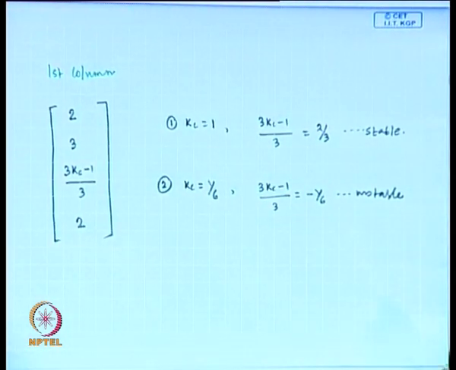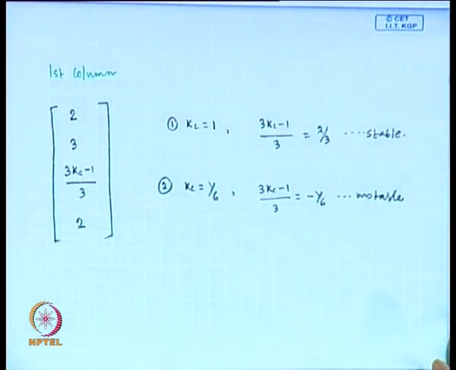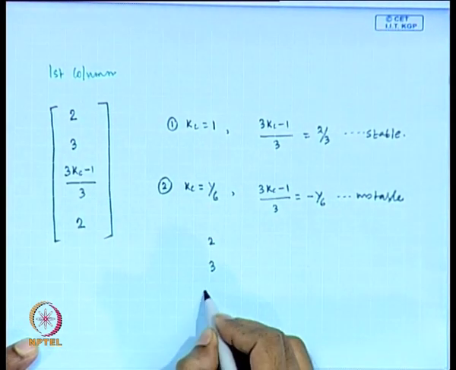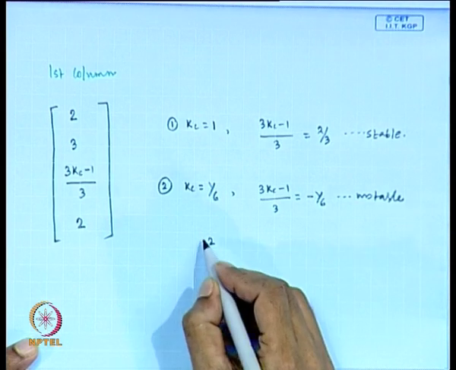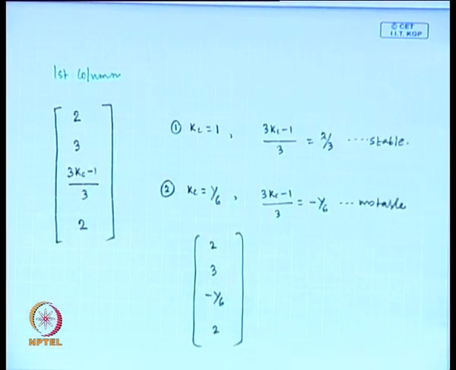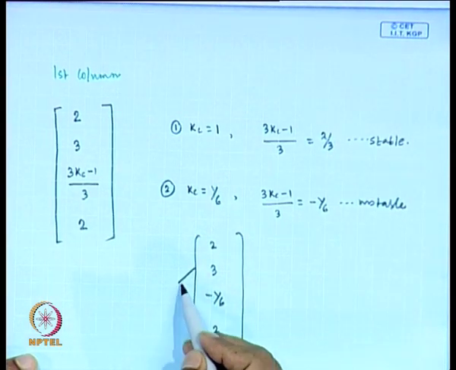Now, if this is unstable, how many poles lie in the right half plane? 2, because if we consider Kc equals 1 by 6, the first column becomes this. Now, here two sign changes are involved. One sign change is from second row to third row.